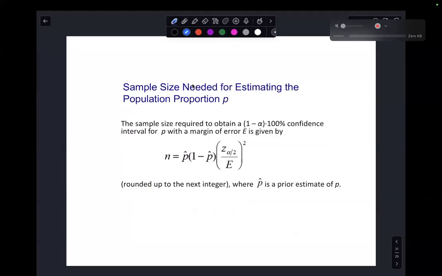Let's do some examples. One thing important to note: you always round up to the next highest integer. I like to use the example of taking a bunch of kids on a field trip.